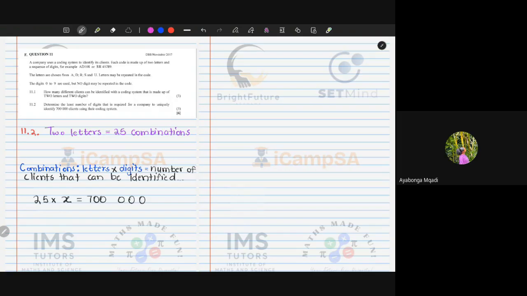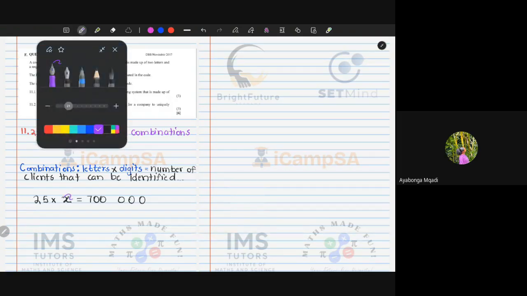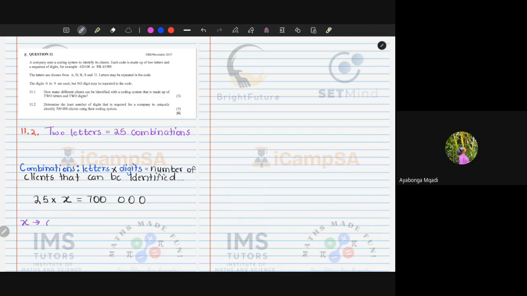So X will be the combination of the digits, which we want to figure out. We'll work in reverse.